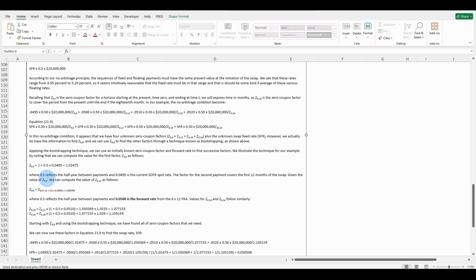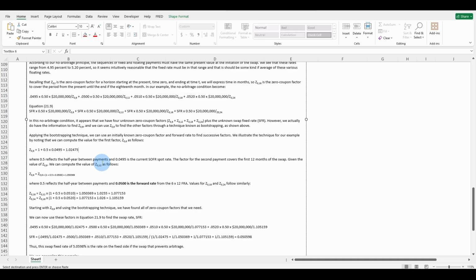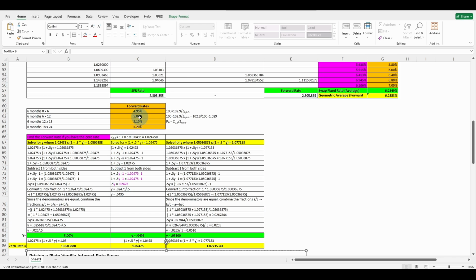Given the value of Z0(6), we can compute the value of Z0(12) as follows. Z0(12) is equal to Z0(6) times 1 plus 0.5 times 0.05 equals 1.50369, where 0.5 reflects the half year between payments and 0.05 is the forward rate, right here, this forward rate.